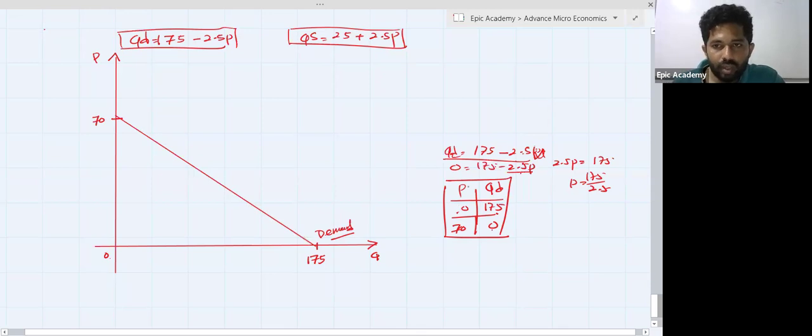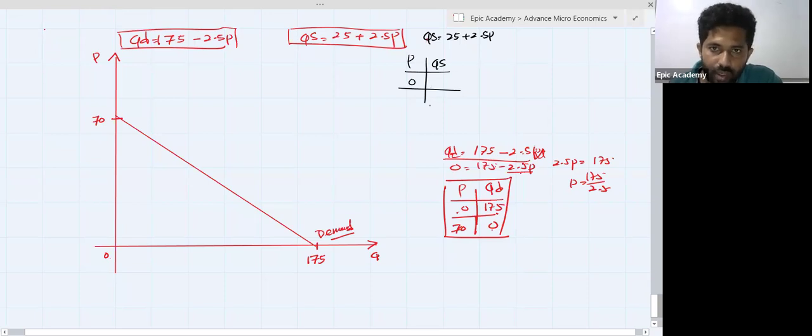Okay, so then take the next one, QS. QS = 25 + 2.5P. So just assume that P equals 0 and find the value for QS.